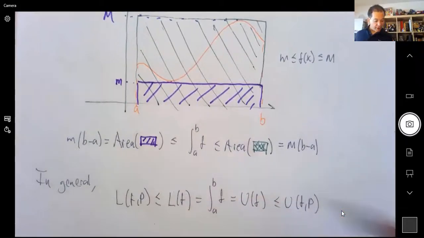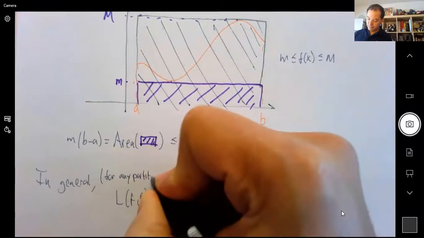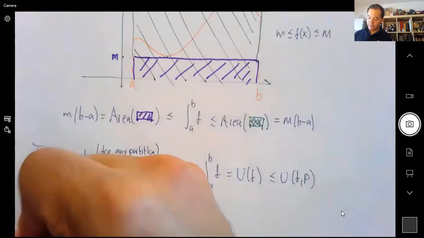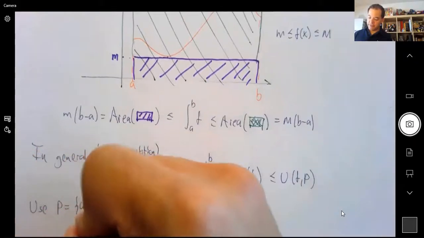So this happens for an arbitrary partition, so this is true for any partition. So I'm just going to use a very special partition, the partition that only has the a and the b.